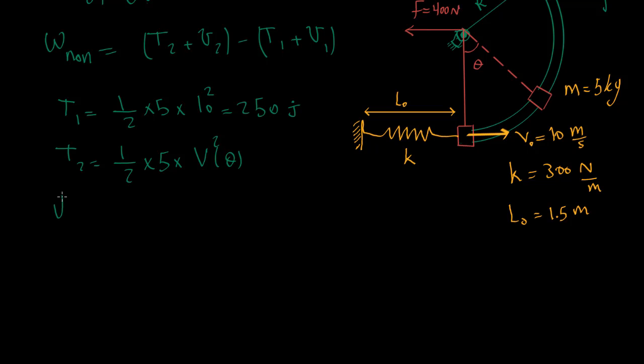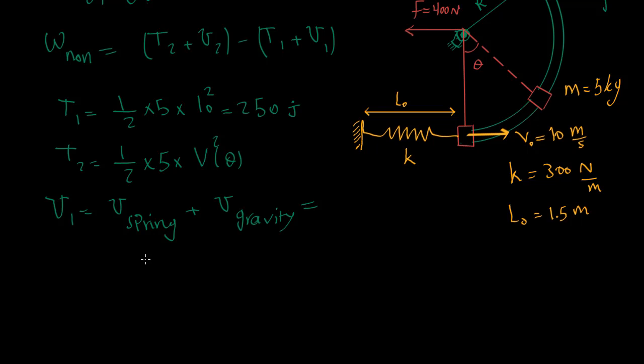So U1 here, I would say that is equal to U spring plus U gravity. So what is the potential energy of a spring? Again, I think we actually derived the potential energy for a spring. I'm not 100% sure, but you can easily derive the potential energy for a linear spring, or even potential energy for gravity.